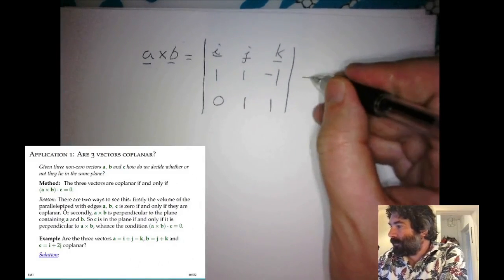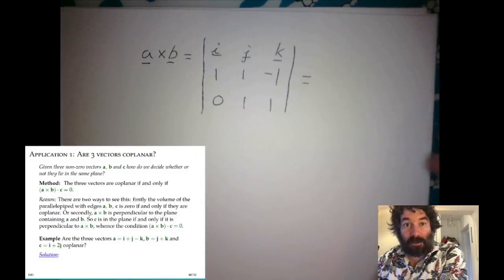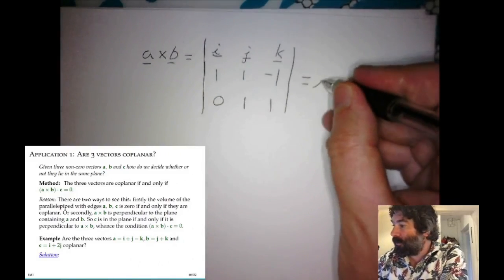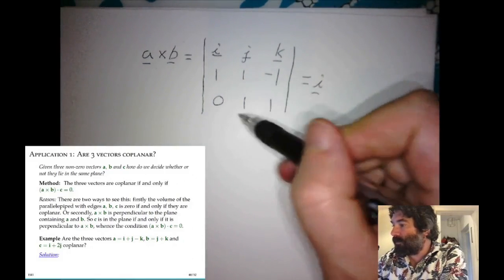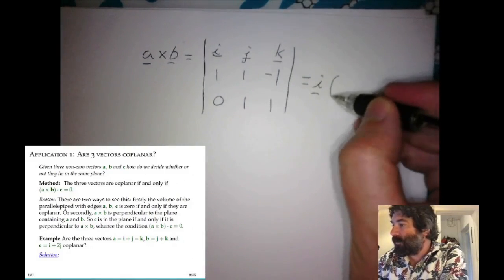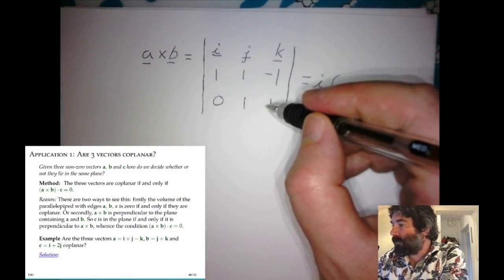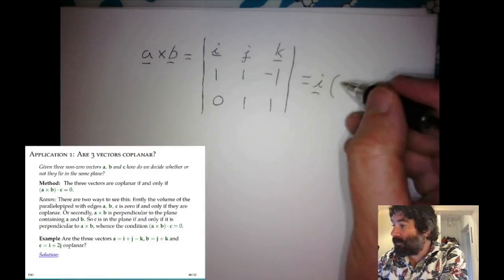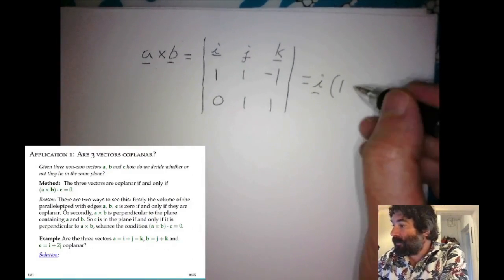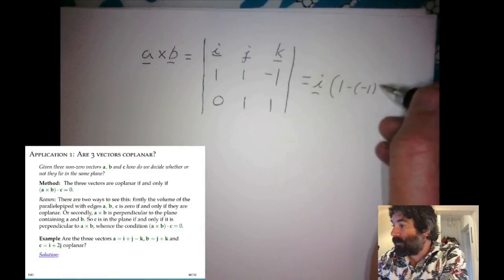Okay, so we compute the cross product by computing this determinant. We go along the top row, so we have I times the determinant of this 2 by 2 submatrix, which is the diagonal entries multiplied together, 1, minus the off-diagonal entries multiplied together, so that's 1 minus -1, going to be 2.